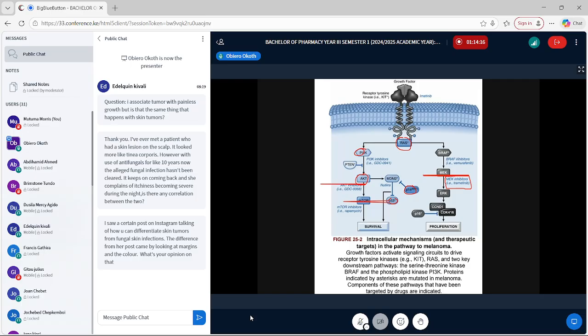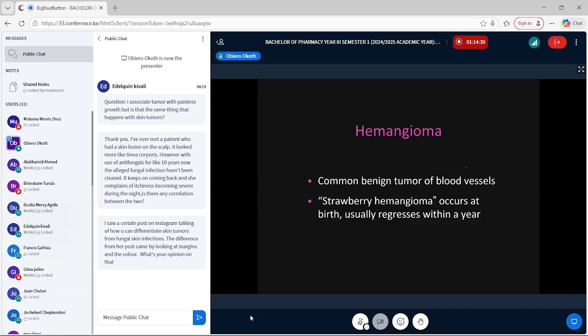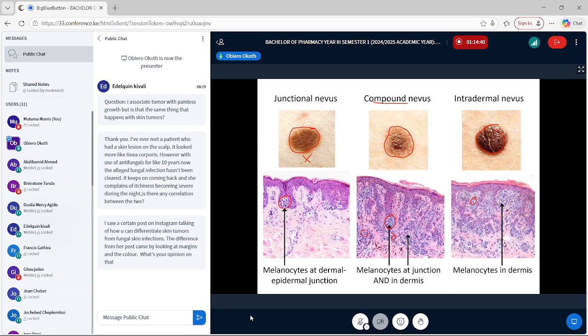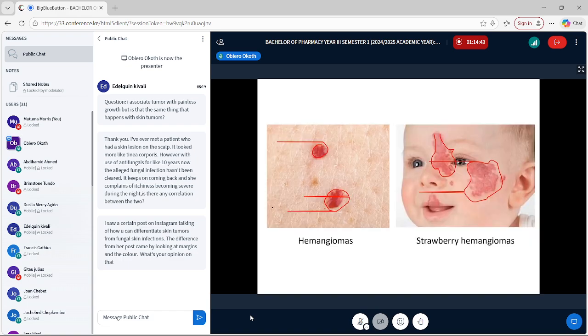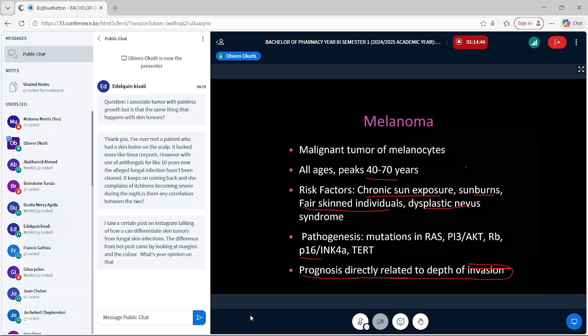If it's positive, then they respond to this drug. Melanomas are extremely dangerous, and that's why, again Kivali, I would rather detect whether I'm dealing with a mole or a melanoma, because those are diametrically opposite.